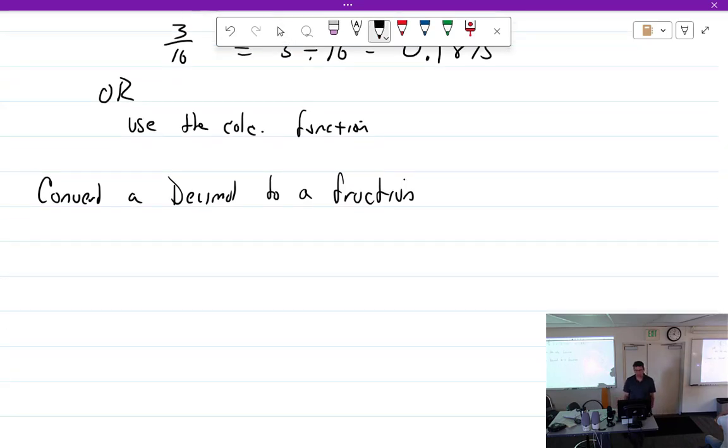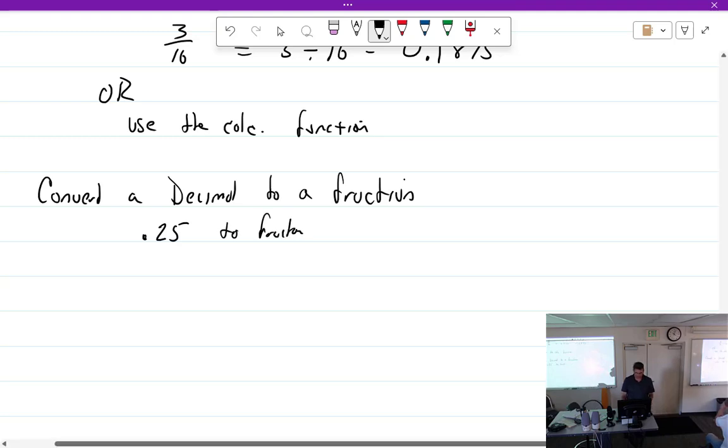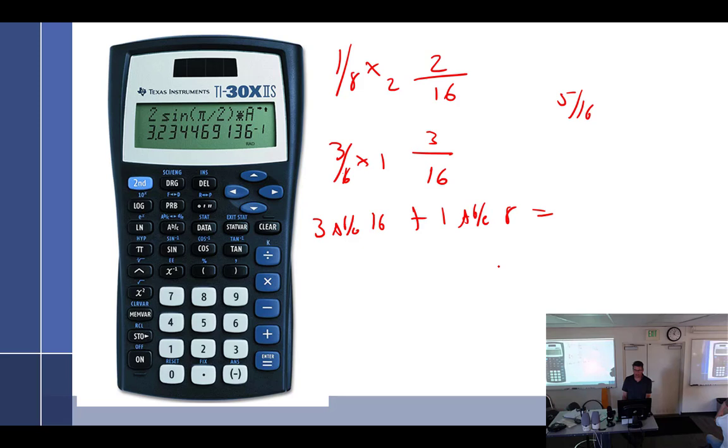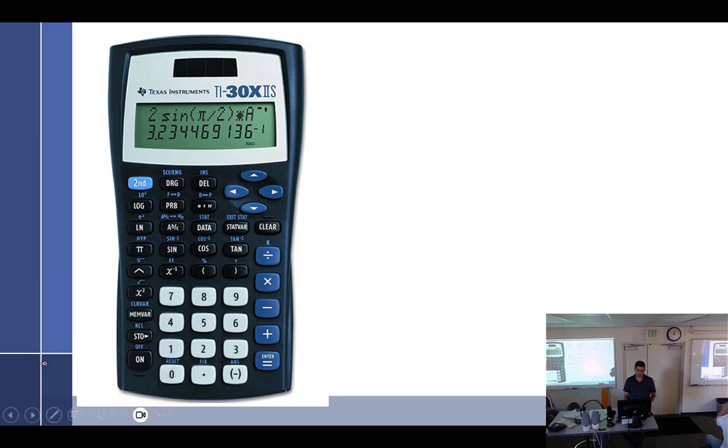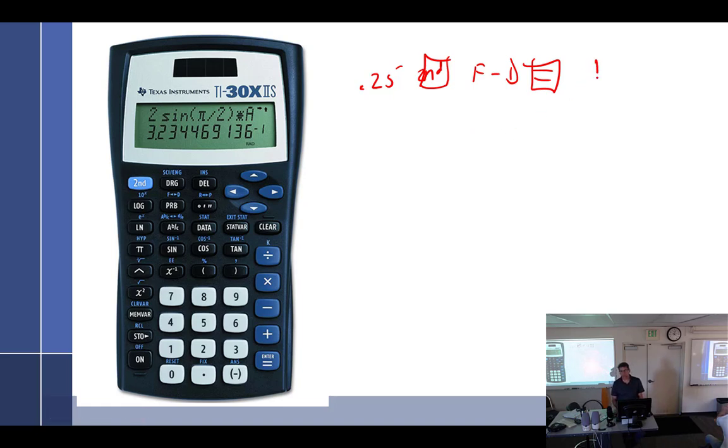So if we want to change 0.25 to a fraction, we would simply use this over here. I said 0.25, so we'd enter 0.25, second, fraction decimal, equals, and what do you get? 1/4. Right, 1/4.